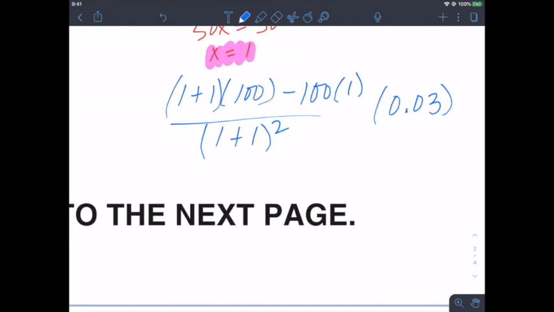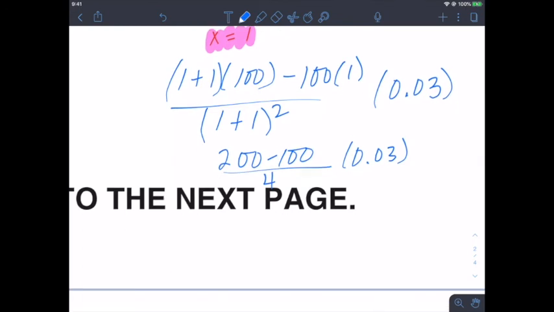So 200 minus 100 over 4 times 0.03. 200 minus 100 is 100 over 4 times 0.03. I'm going to multiply straight across, which gets rid of the decimals, so that would just be 3 over 4.